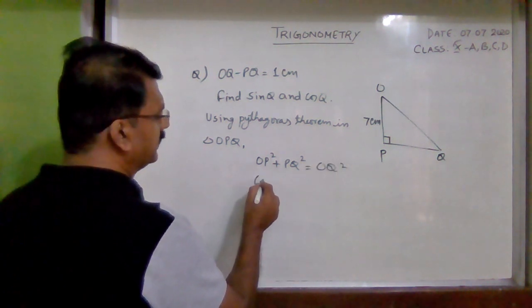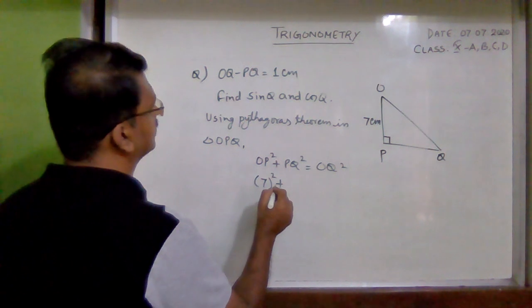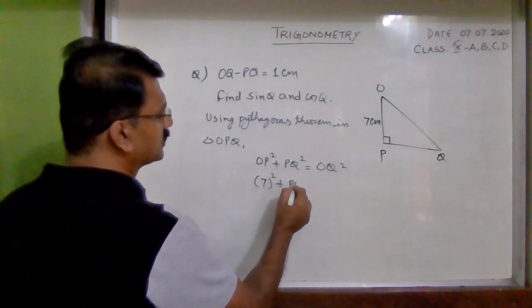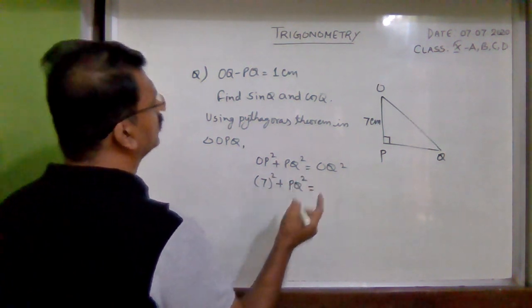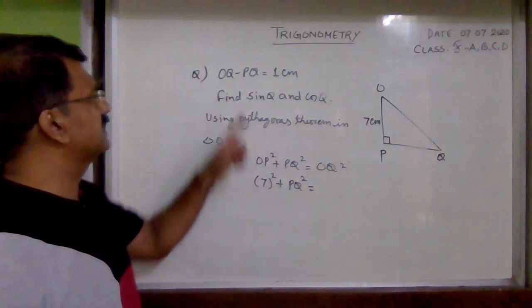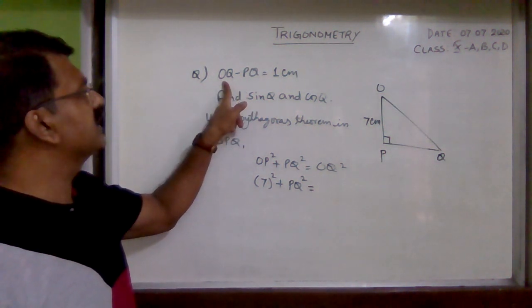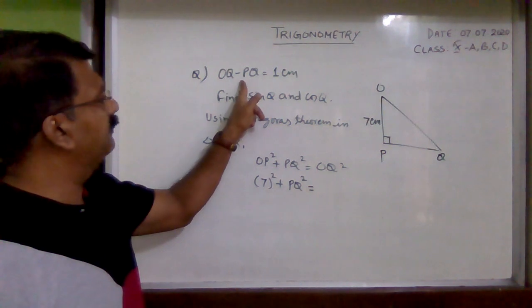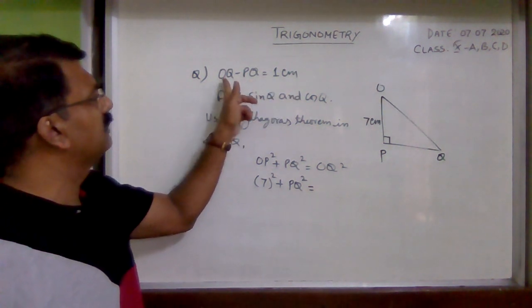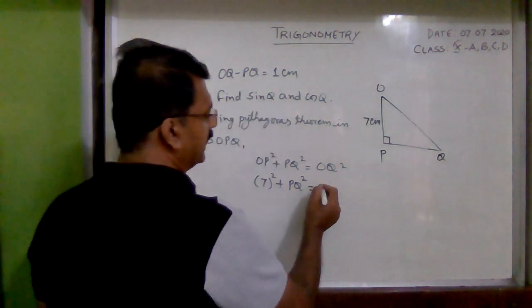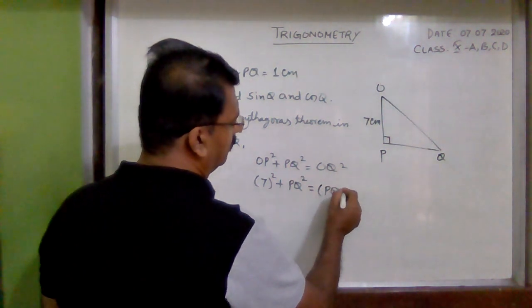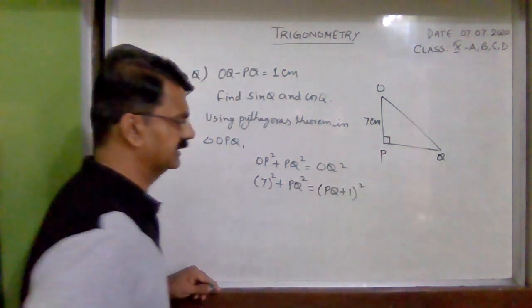Now OP square means 7 square plus PQ square is equal to, now see from the given relation, OQ is nothing but PQ plus 1. If you shift PQ on the other side, OQ will be equal to PQ plus 1. So in place of OQ, you write PQ plus 1 whole square.